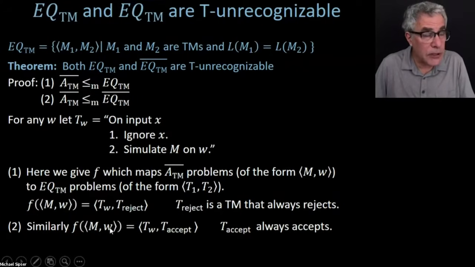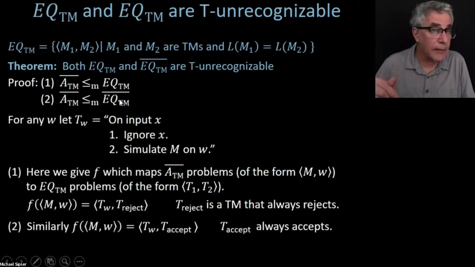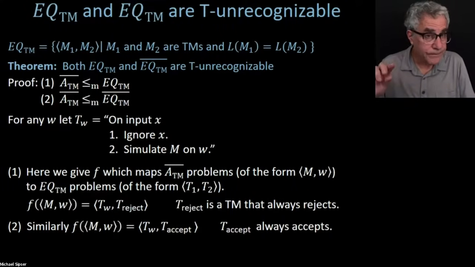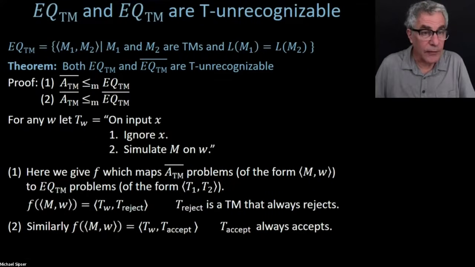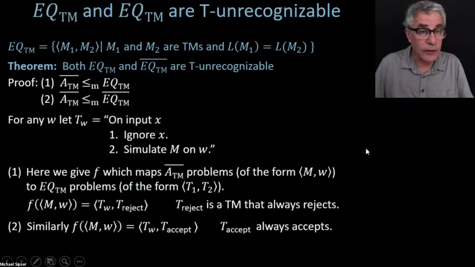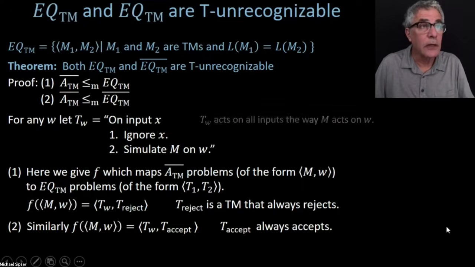But if M accepts W, then TW is going to accept everything, and it's going to be equivalent to T accept, and so you will be equivalent. So here is where we're taking ATM complement and mapping it to the complement for Eqtm. Too many complements here. I realize complements are confusing. But anyway, why don't you mull this over?